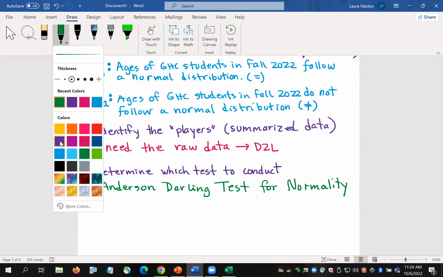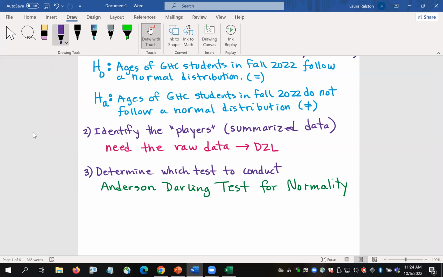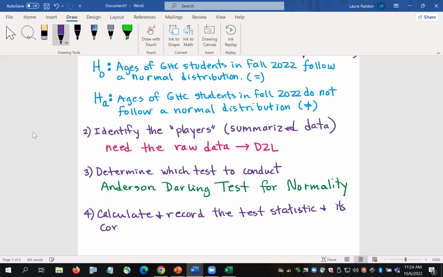Step 4 is we calculate and record the test statistic and its corresponding p-value.